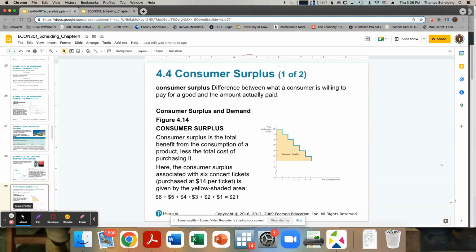And so with consumer surplus, what we're doing here is looking at the fact that when someone buys a product, they're indicating that they were willing to pay at least that amount. That's why they bought it.